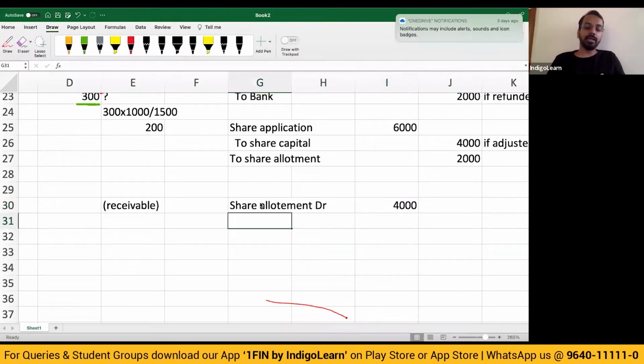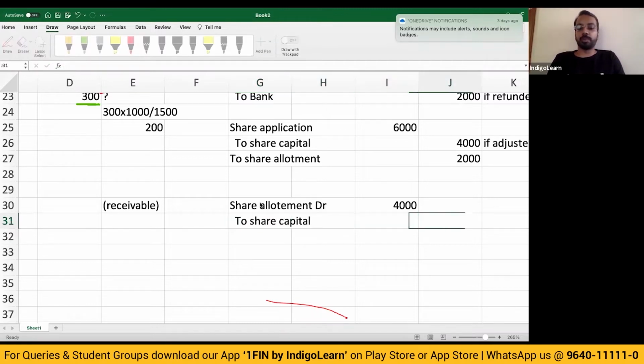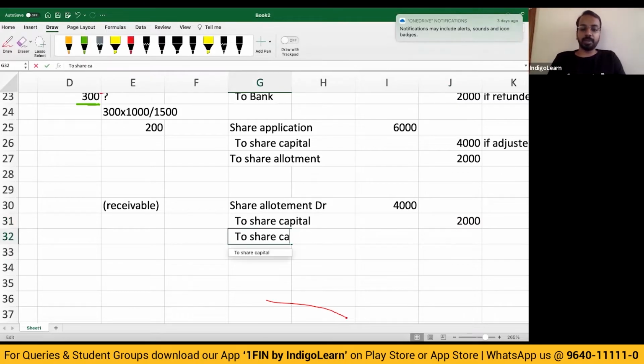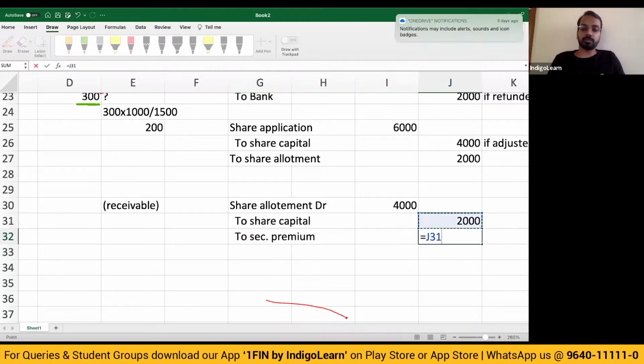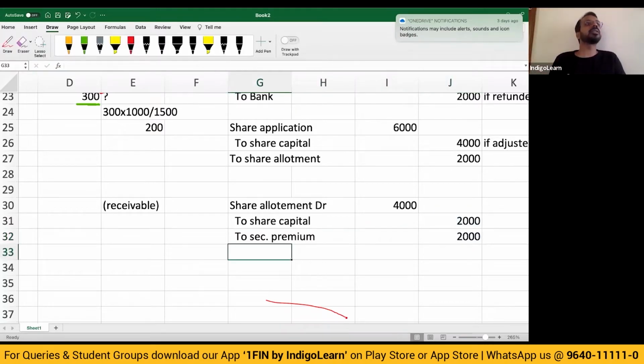4000. Then out of this, share capital is 2 rupees, so 2 into 1000, and securities premium is 2000. Are we clear with this entry?